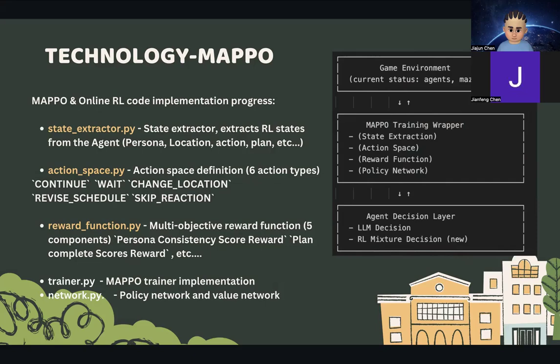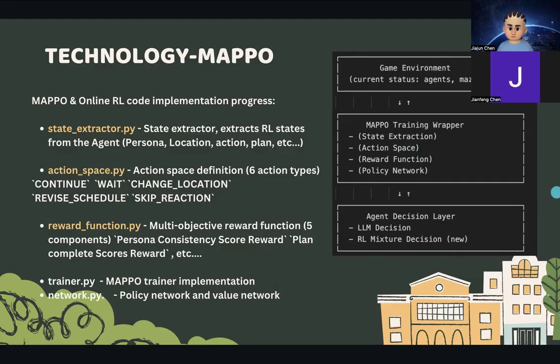In addition, for the action space, we define six action types that the agents can take. For example, continue what they are doing, wait, change locations, revise their scheduling, skip reactions, and something else. This covers most of the behaviors we can see in the campus environment.